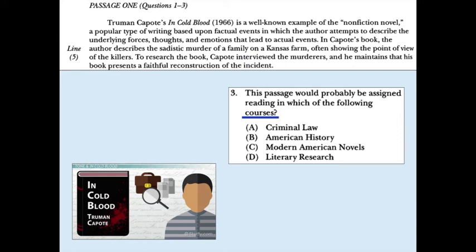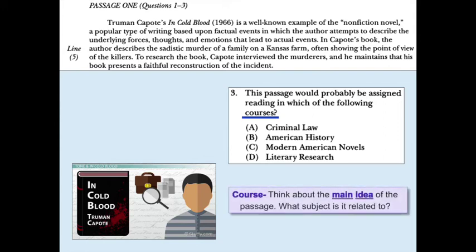Number 3. This passage would probably be assigned reading in which of the following courses? This is a course question, so let's follow the appropriate strategy. We want to think about the main idea of the passage, so we'll look at the first sentence, and then we want to think what subject it is related to.